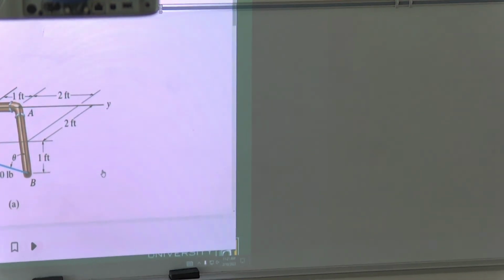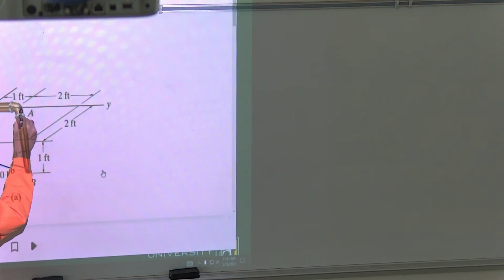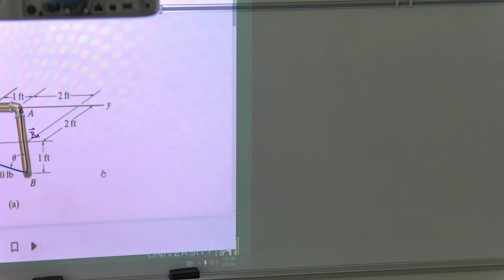So the first thing, I don't know whether you want to address the first part of the problem or the second, but let me just say, if you have two items and you're looking for the angle, all you've got to do is express this vector and that vector. I don't know what you want to call them. B to C and B to A. Okay, so let me do that.